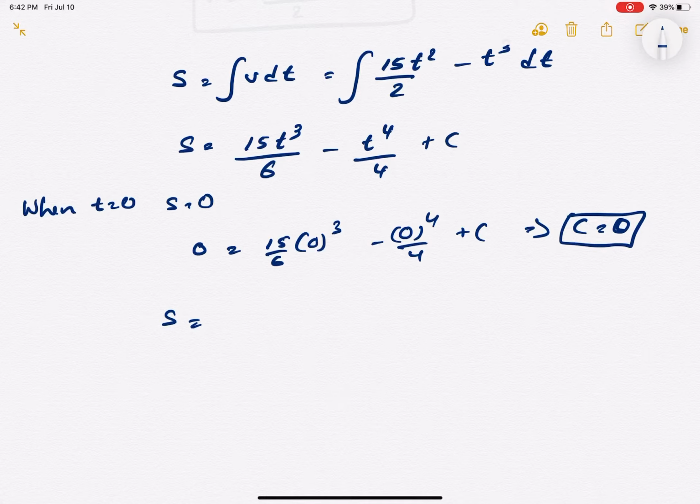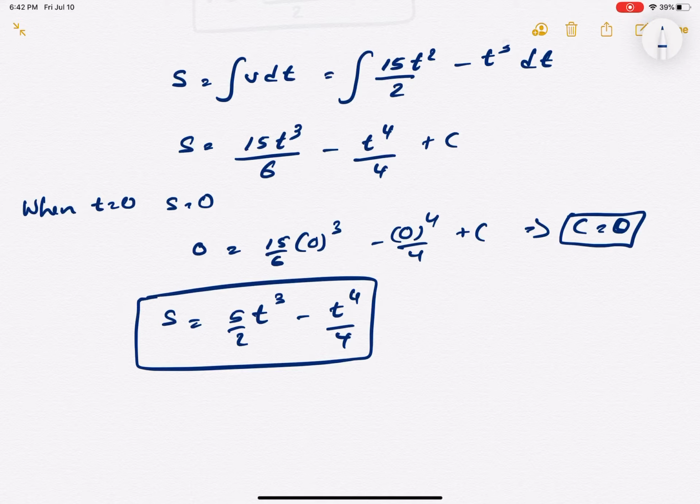Therefore the displacement function is going to be, 15 by 6 is 5 by 2 when we simplify, 5 by 2 t cube minus t to the power of 4 over 4. This is the displacement function for the first 5 seconds.